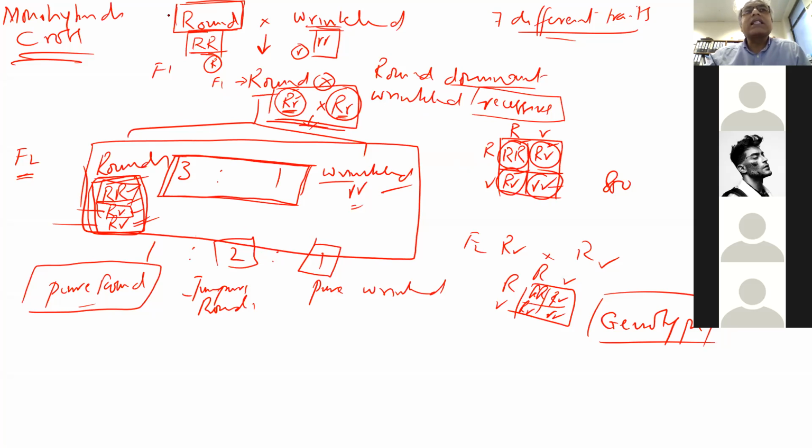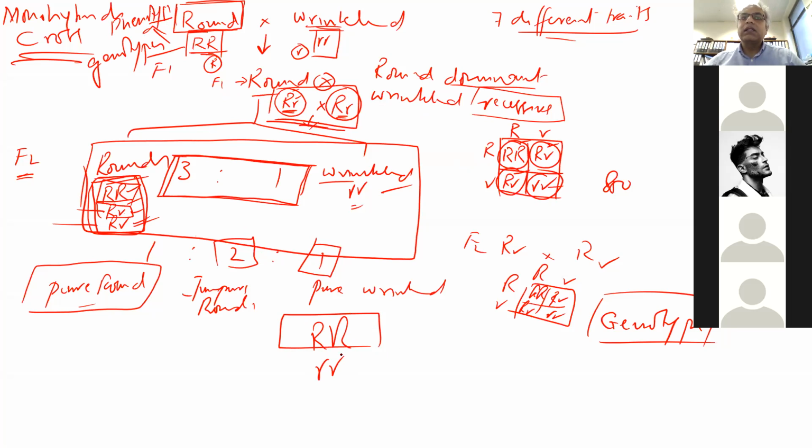What he discovered was genotype for phenotype. Now, when we have capital R, capital R or small r, small r, we call them homozygous. Homozygous round, homozygous wrinkled.